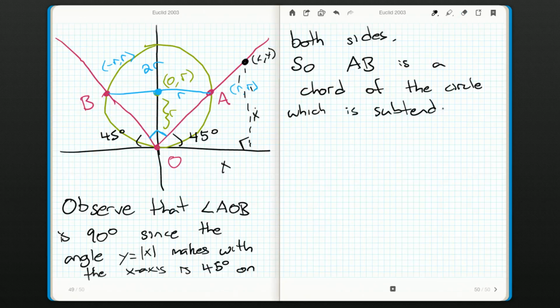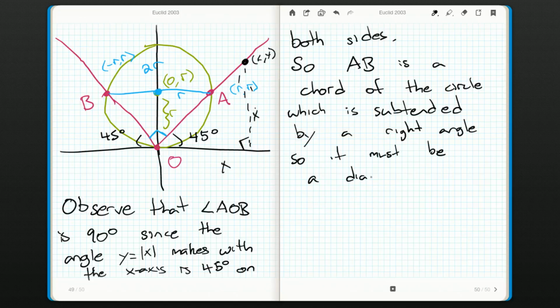Got to make sure the verbs go in the right place. So it's got to be a diameter. This is a nice circle fact that you can employ.